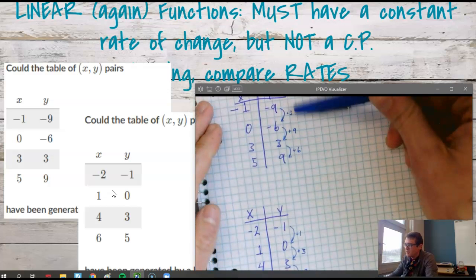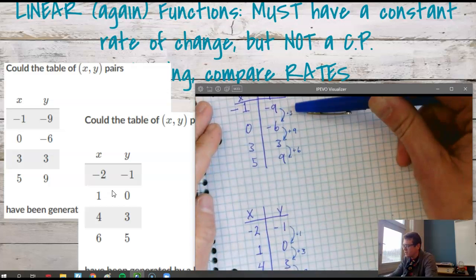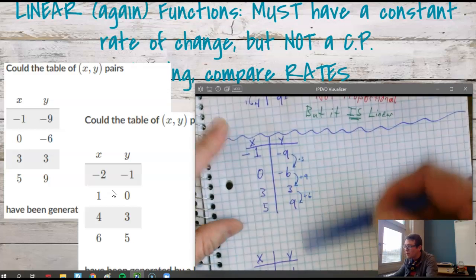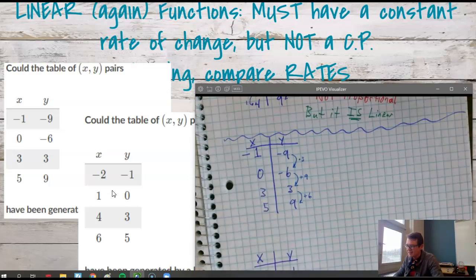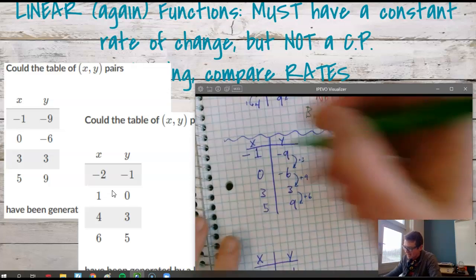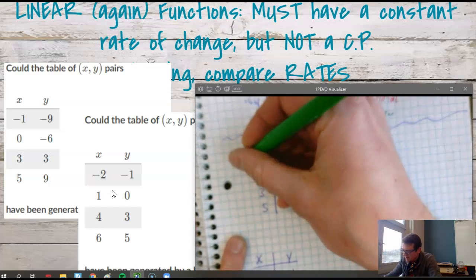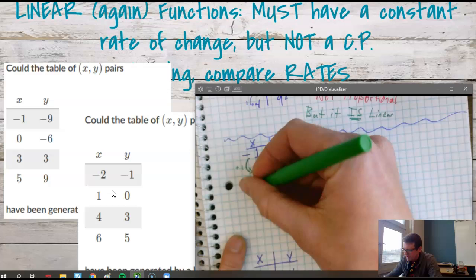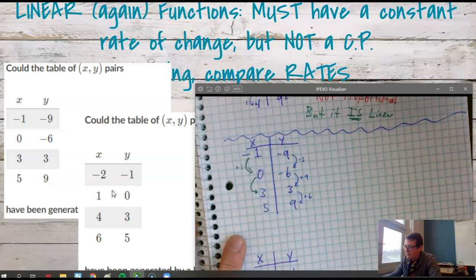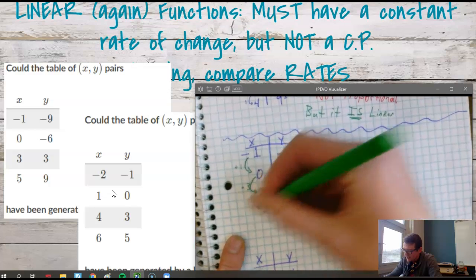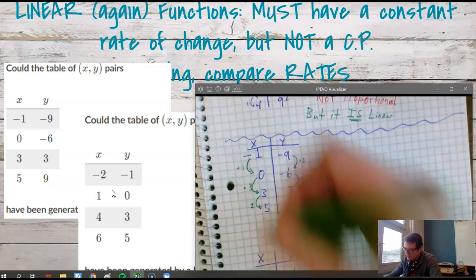This is not linear because these are different, right? +3, +9, +6. No, because the other side, oh, I have to look at both sides. So I can't just look at the right side. I have to look at the left side as well and look at my delta x. So this is a +1, and this is a +2.